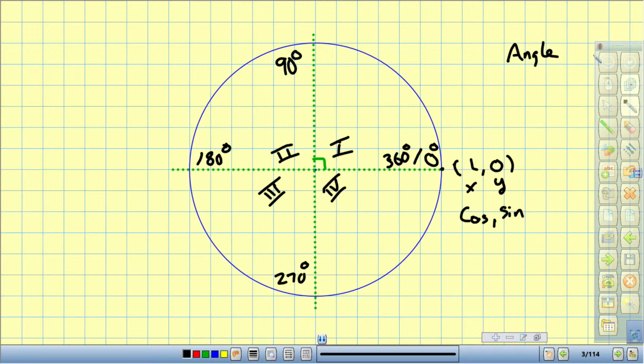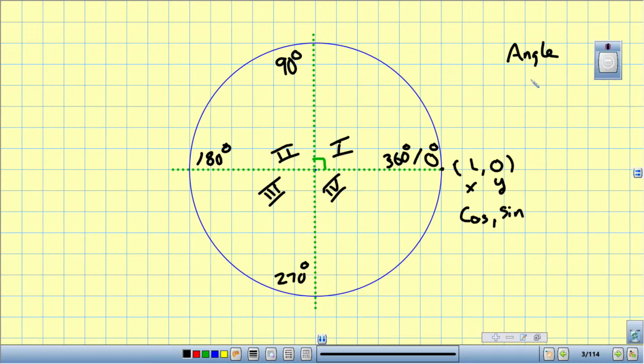Angle has two different measures referring to the same thing. One of them is called degrees, which is that little circle that you see. And the other one is called pi radians. Radians. You don't really say radian, you just use the word pi.